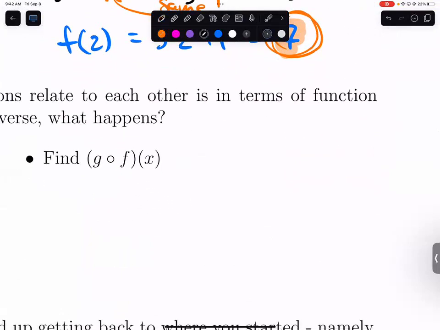What's g of f of x? That's g of f. What's f, though? F was the original one? Yeah, 3x plus 1.